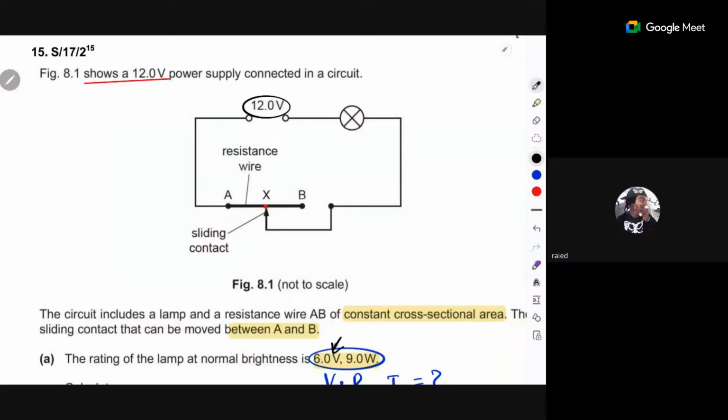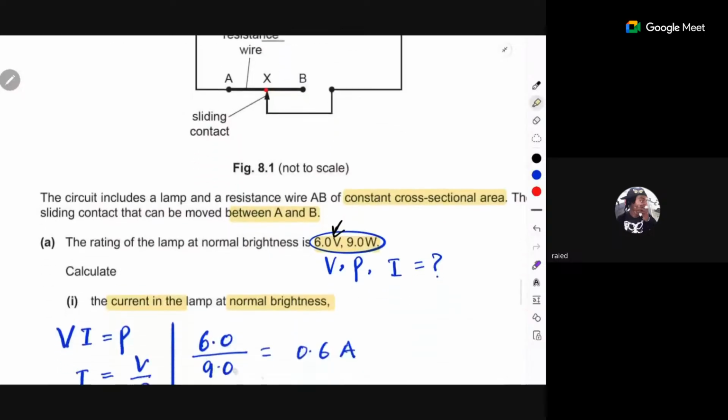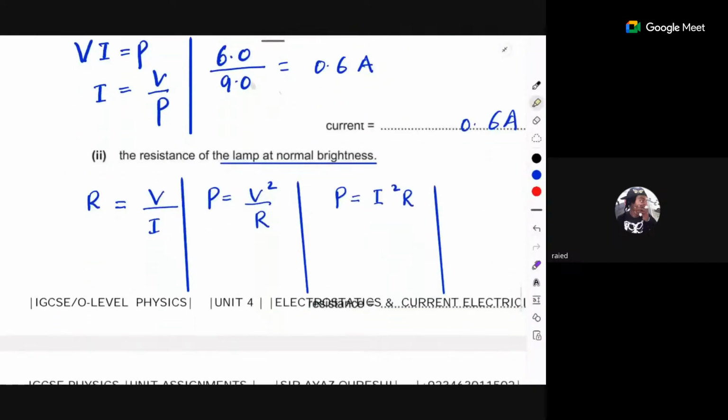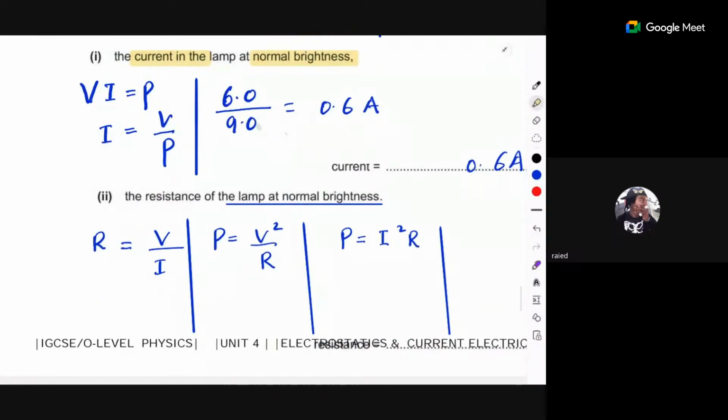That is why they make this question incorrect. If there is 12 volt voltages across the lamp, but these 12 volts are not the voltage across the lamp. These voltages are actually the voltages across the entire circuit. So what I was talking about, that R is equals to 6 volt divided by 0.6 ampere. Yes, what's your value?